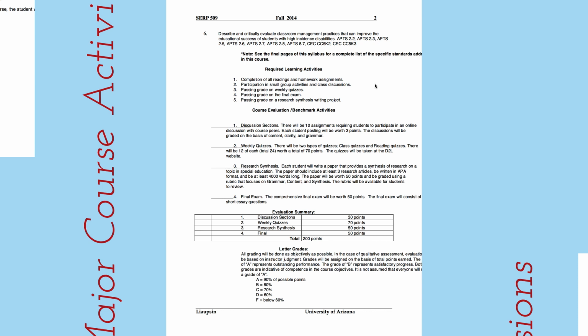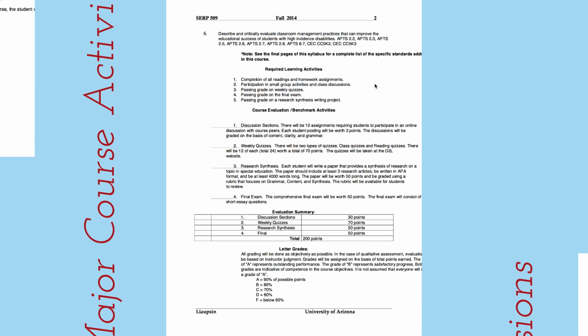Weekly quizzes. There are 2 types of quizzes every week. There's a class quiz and a reading quiz. The class quiz is over some presentation you've watched or something I've asked you to do in this online class during the week. And then the reading quiz is a quiz on one or more readings that I'll ask you to do every week.